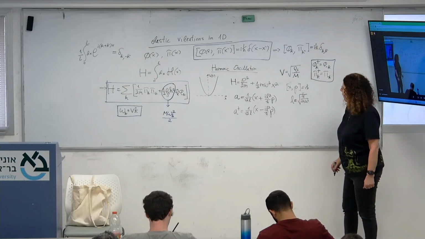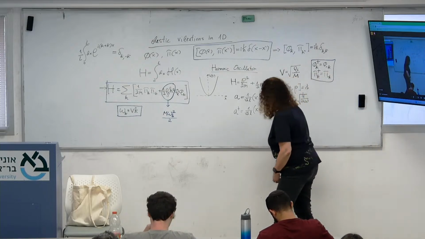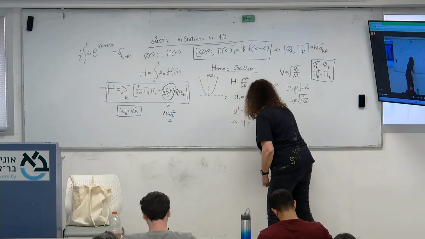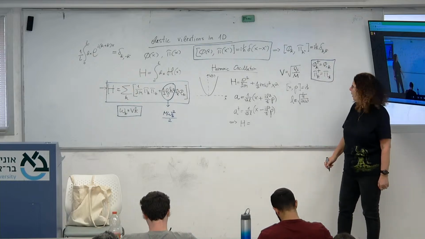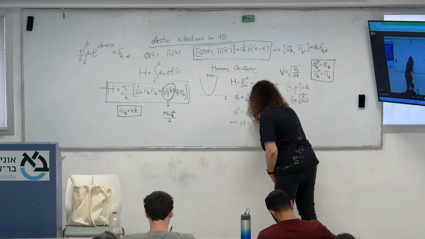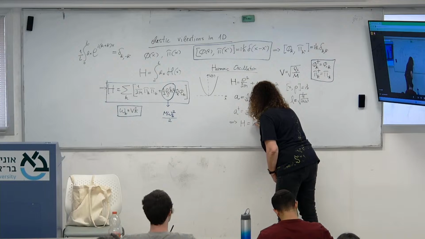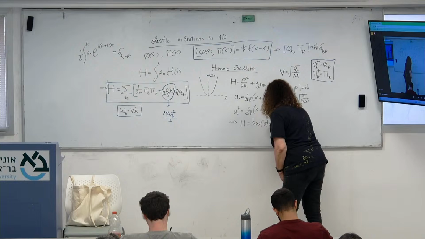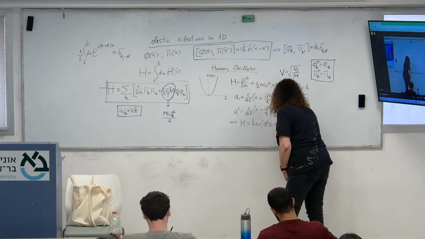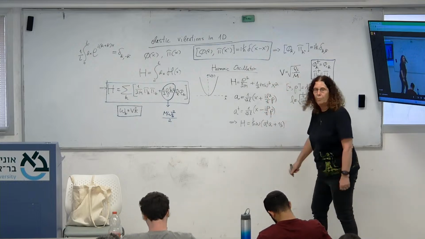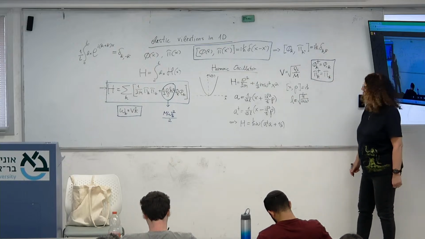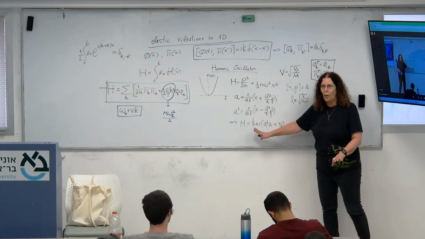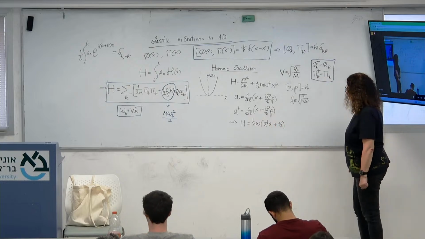And one can easily show that the Hamiltonian can be rewritten in terms of these A and A dagger, giving h bar omega, A dagger A plus a half, right? I'm not explaining it, because I'm assuming you all know it, I just repeat.